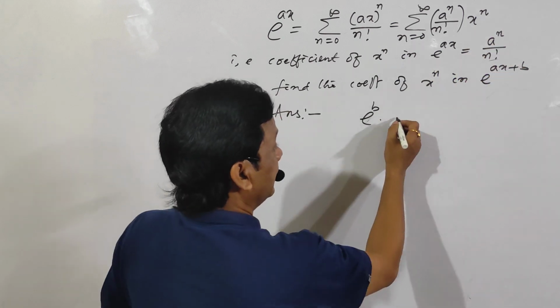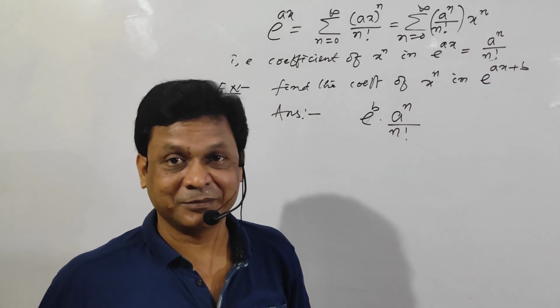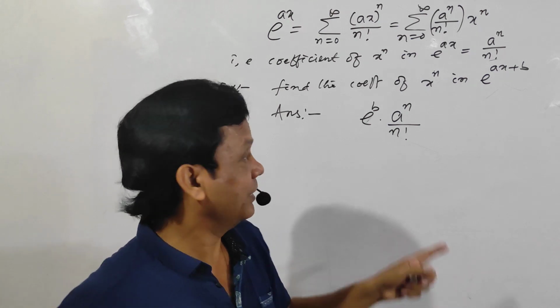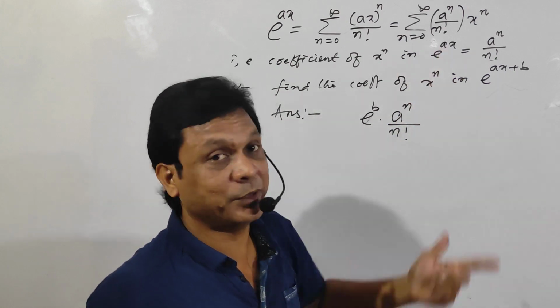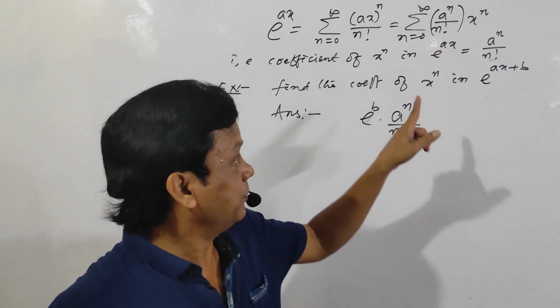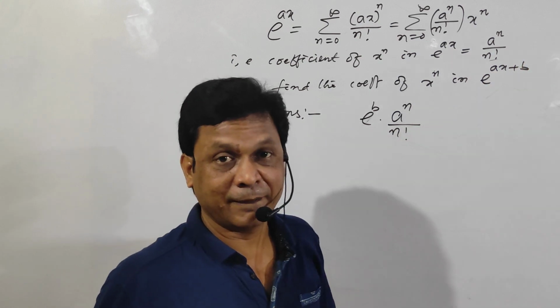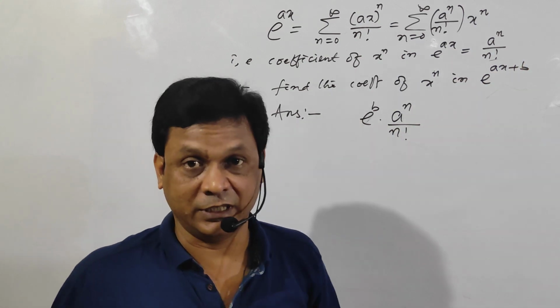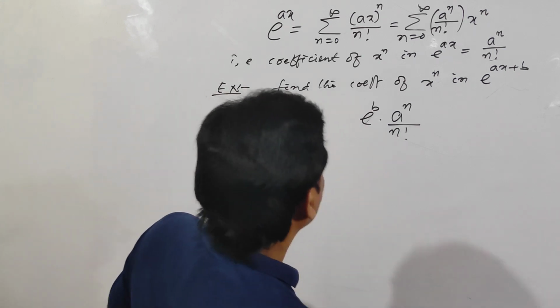This one is a to the power n by factorial n. So this is the answer. And you can apply this formula directly in my previous problem. The previous one was x square in e to the 2x plus 3 or e to the 5x plus 3. So in that case you can apply the formula directly.